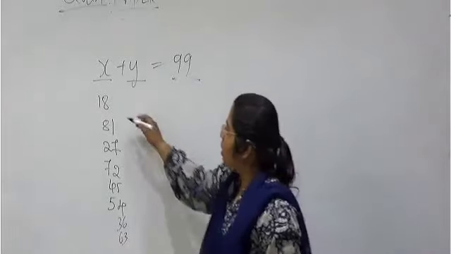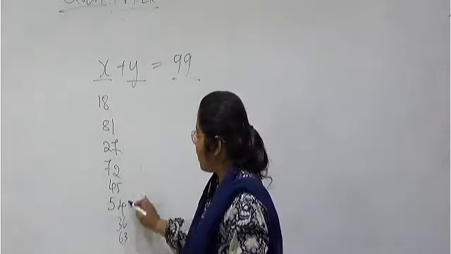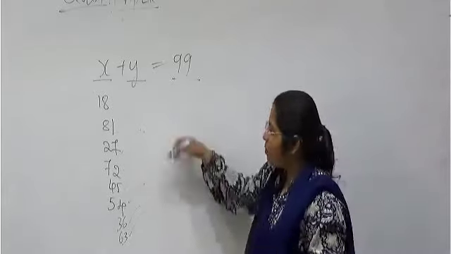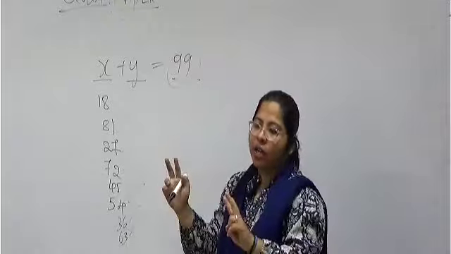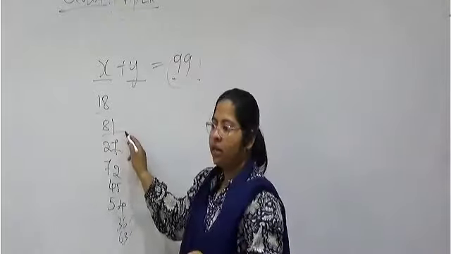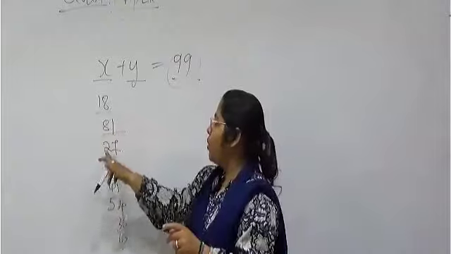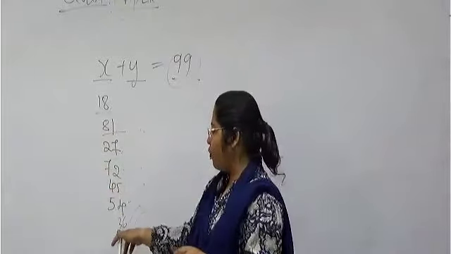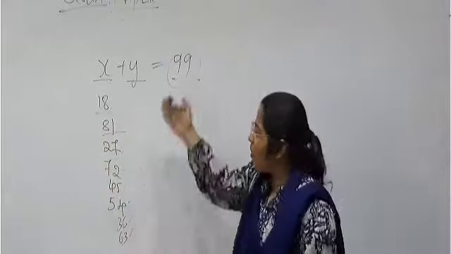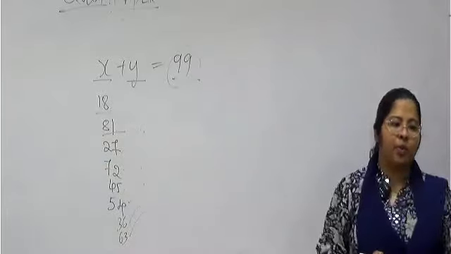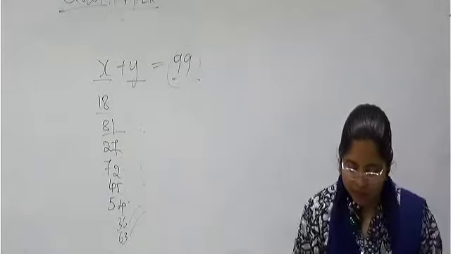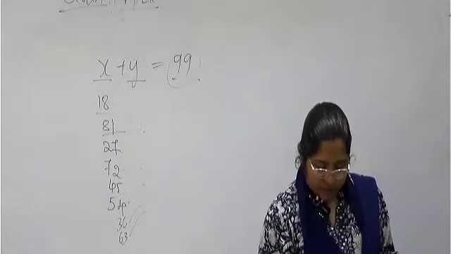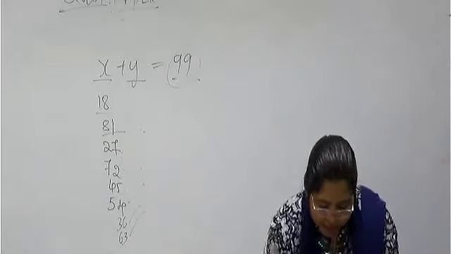Anything else? 1, 2, 3, 4, 5, 6, 7, 8. Apart from these 8 numbers, that criteria should also follow, interchanging numbers: 18 and 81, 27 and 72, 45 and 54, 36 and 63. Apart from these 8 possibilities, there is no other possibility to make 99. So what is the answer? 8 values. Is that clear?